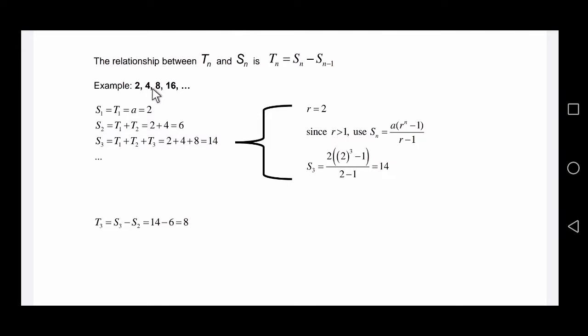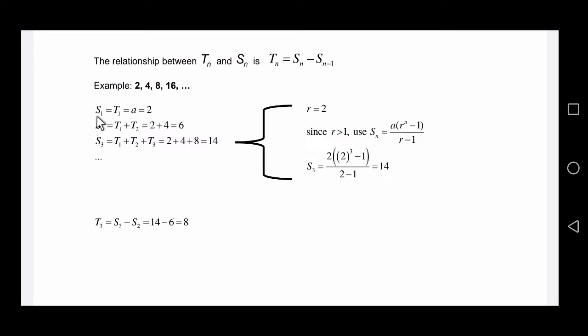Now, let's look at the example here. You are given a sequence 2, 4, 8, 16, and so on. Let's try to find the sum of the first terms of this geometric sequence.